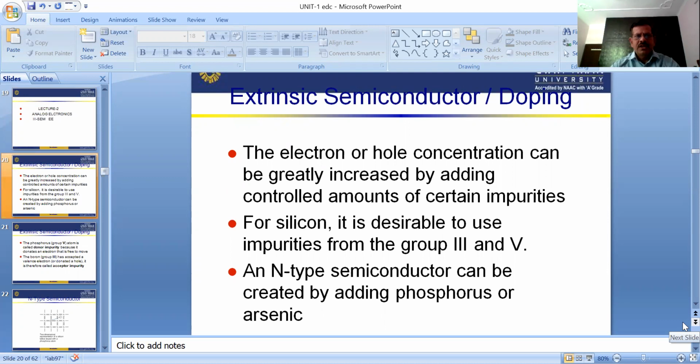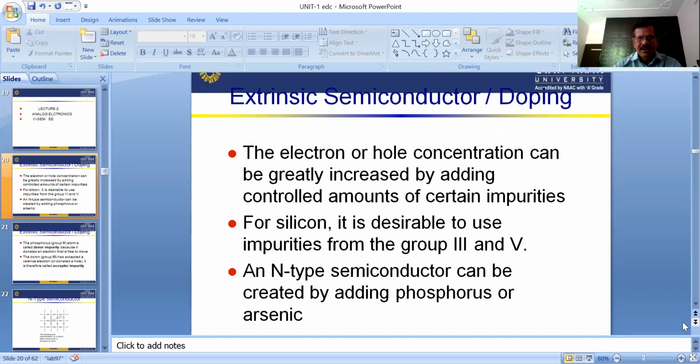First of all, we discuss the extrinsic semiconductor or doping process. What is the doping process and what is the extrinsic semiconductor? The electron or hole concentration can be greatly increased by adding controlled amounts of certain impurities.